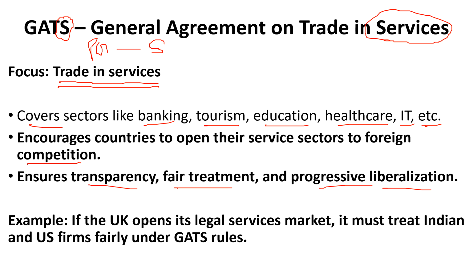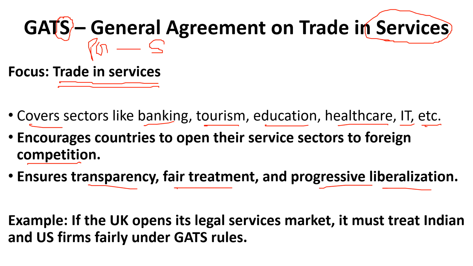GATS is the agreement which gives all members the benefit to trade, not free but in a fair manner. It should be in a transparent manner. It is promoting liberalization. Understanding?